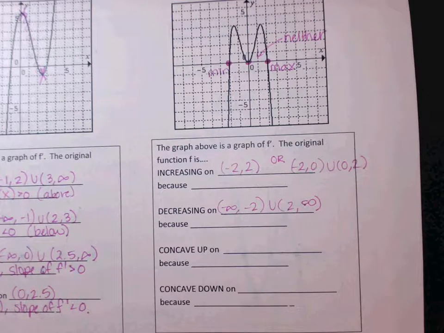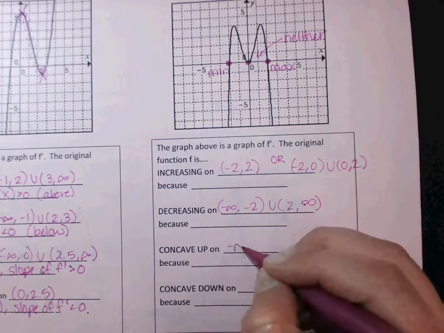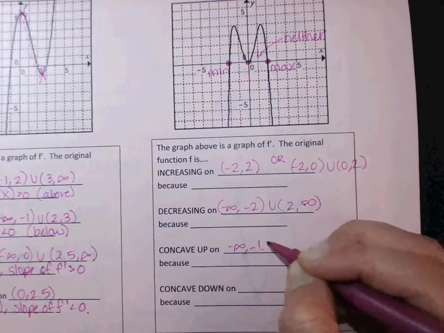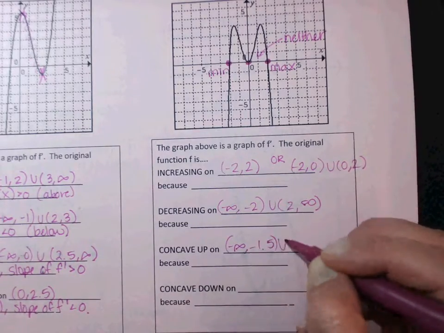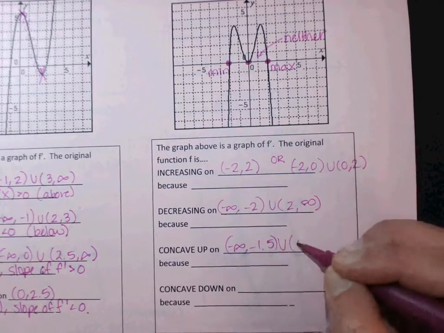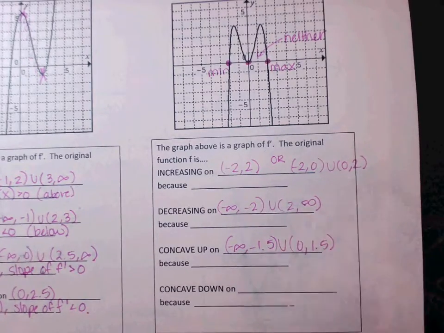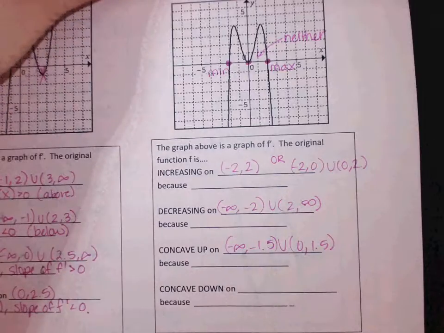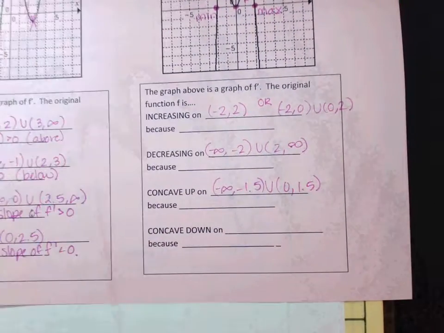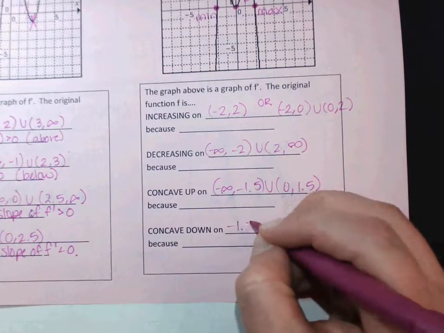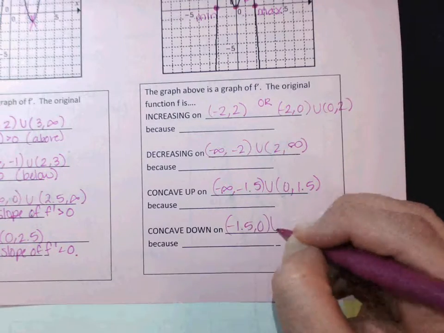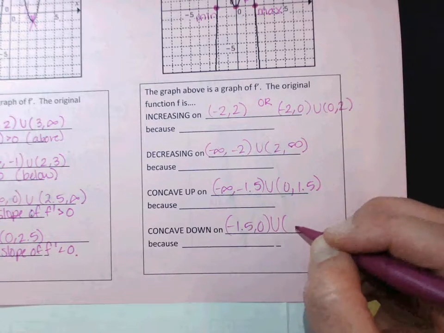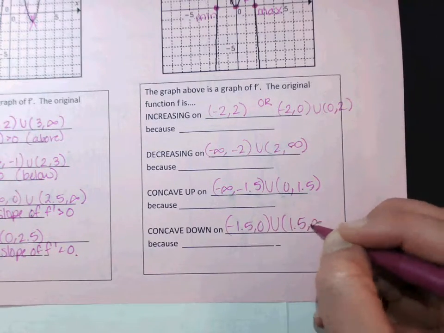You should have been concave up from negative infinity until negative 1.5, kind of a weird turning point there, and then again from 0 to 1.5. And then you should have been concave down from negative 1.5 until 0, and then also from 1.5 till infinity.